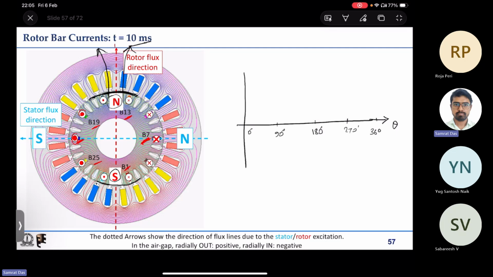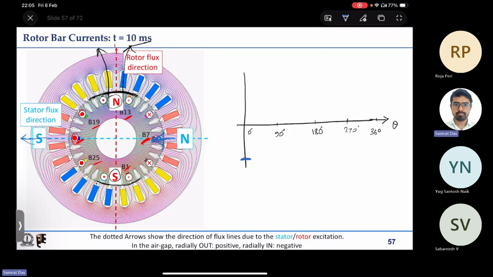Now let us plot for the stator first. At 0 degree the flux direction is right to left. So in this air gap it is radially inward. If it is radially inward, I have to assign a negative sign to it, so that is why I am indicating with this line.